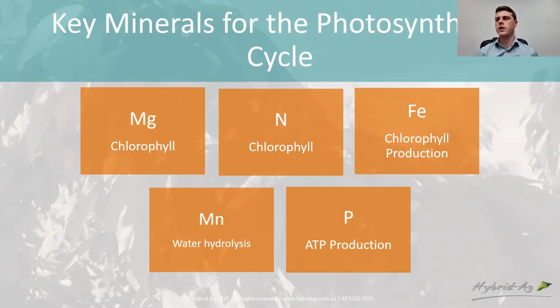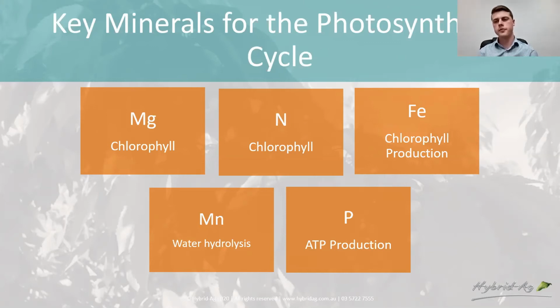So we need to ensure we have the iron, and then manganese comes up again as being part of a process that we know as water hydrolysis, which is the very first step that happens in photosynthesis. So where the water is actually taken and split and utilized in the process.